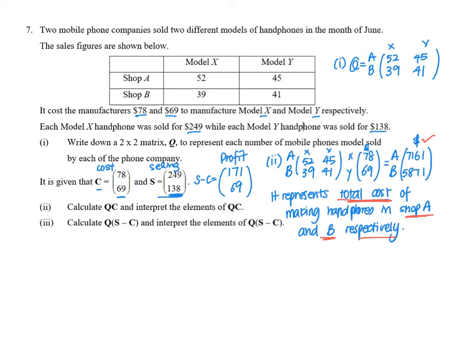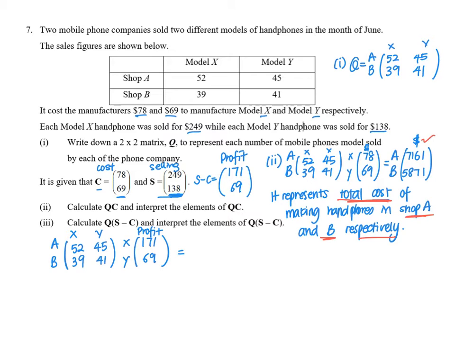Okay, so we are actually taking the quantity now. So in shop A, shop B, model X and Y, multiplied to the profits for handphone X and Y, the profit. So what will we get?